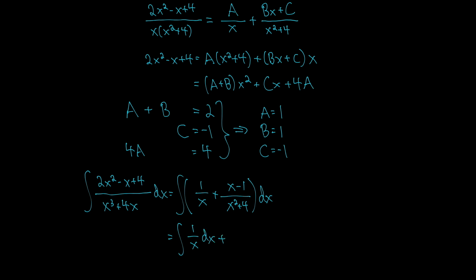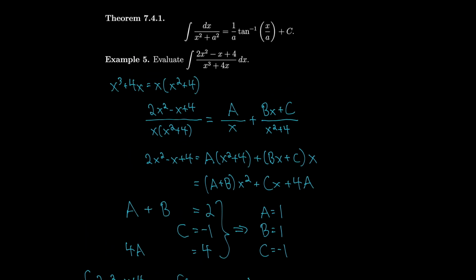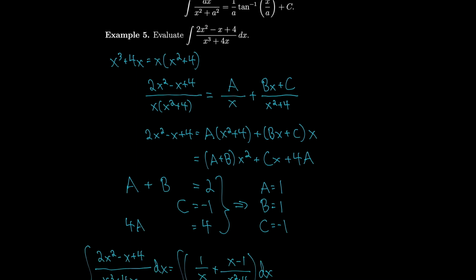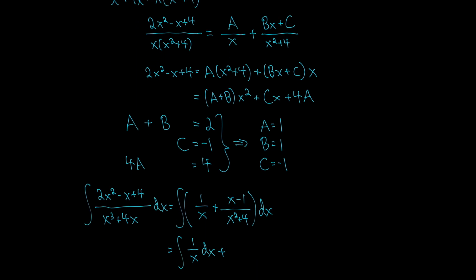And then we would like to take advantage of this formula that we talked about earlier. So how about we split off the 1 and the x? So I'll write this as the integral of x over x squared plus 4. And I'll rewrite the other one as the integral of 1 over x squared plus 4. So then if we have x squared plus a squared, that means that a is 2. So that resolves this integral pretty quickly.